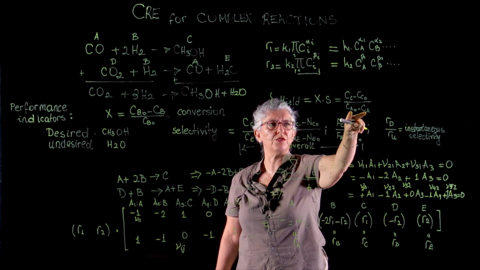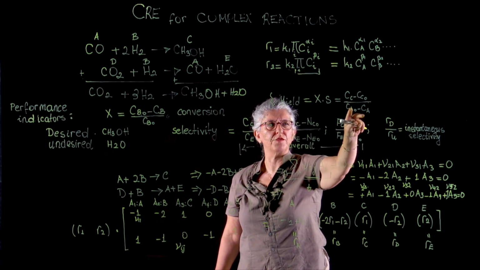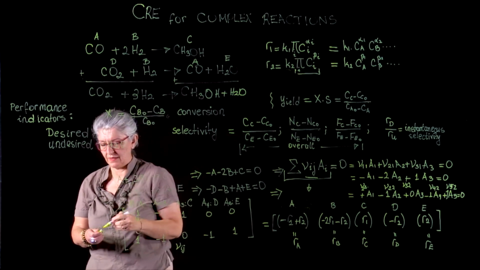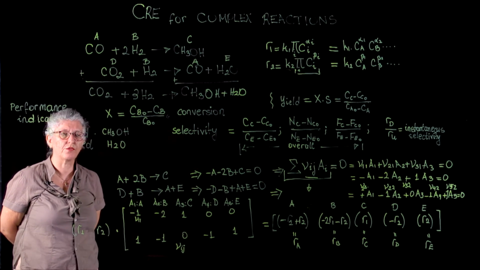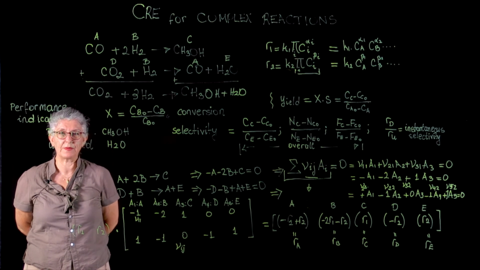So much is converted. How much of this is used to produce the desired product? So these are the performance indicators of a complex reactor operation.